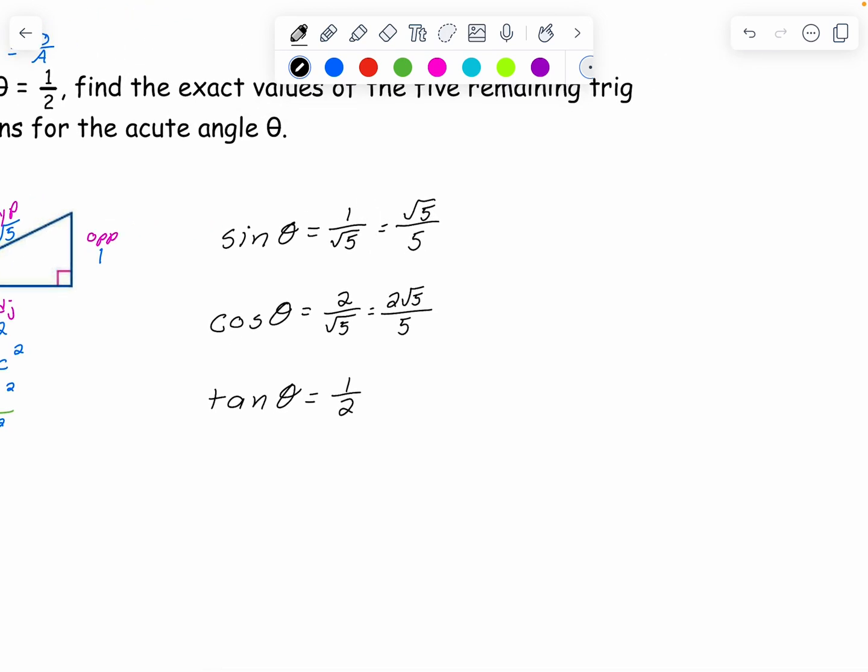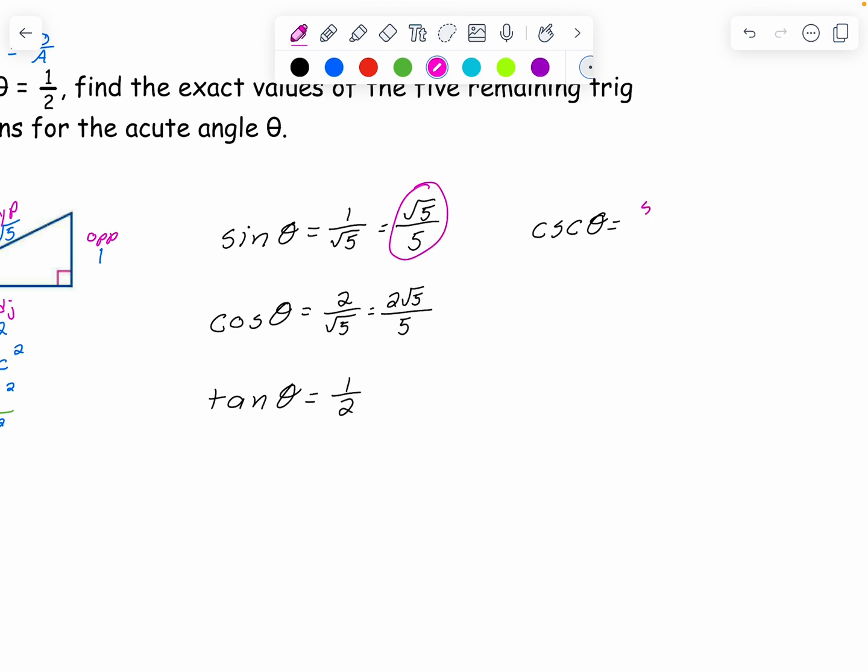Now, when we go to do our reciprocal functions this time, we're going to want to do this smart. So the reciprocal of sine is cosecant, switch my letters, cosecant theta. Now, when I go to flip my fraction, I know I need to flip the answer for sine, but think about it.